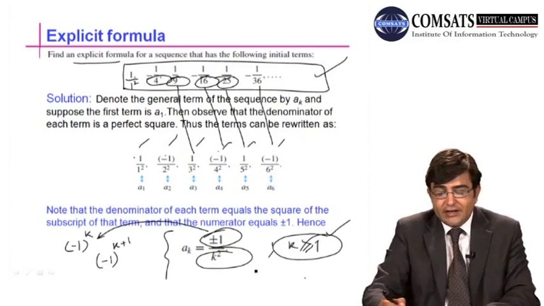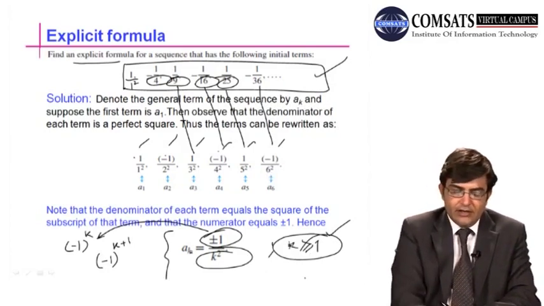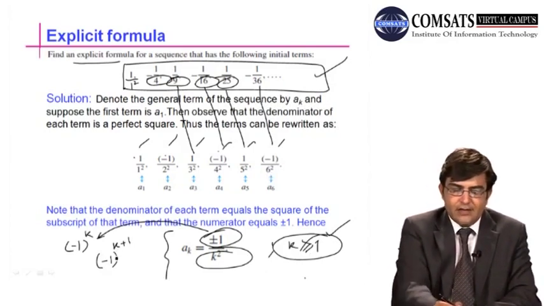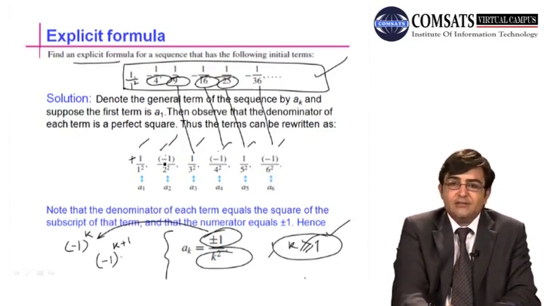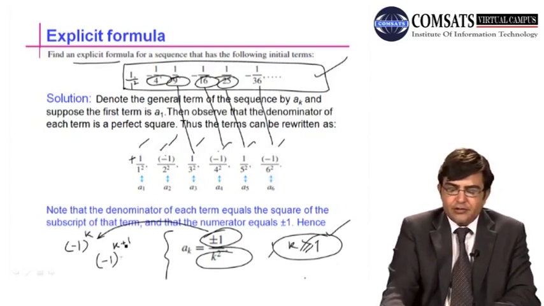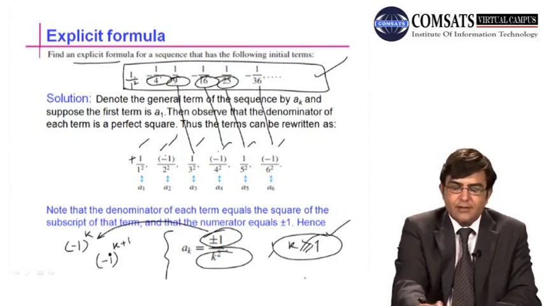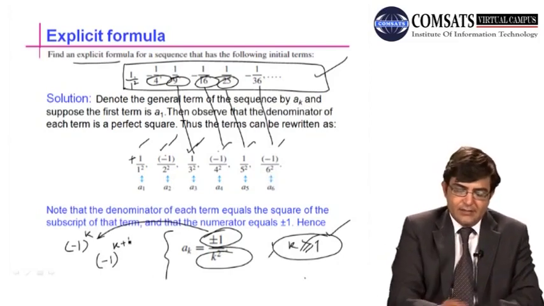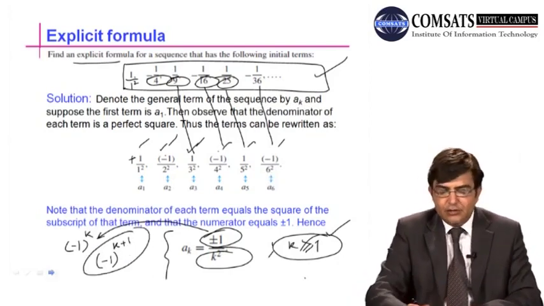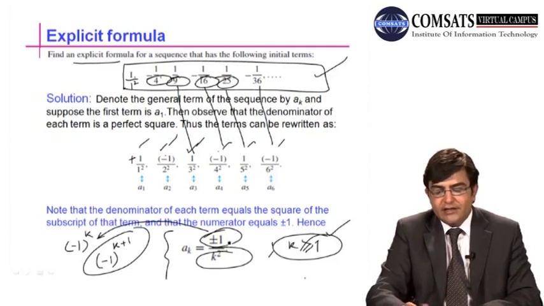Now we check it. If we put 1 here, we get minus 1 power 2, which is plus 1. If we put 2, we get minus 1 power 3, which is minus 1. If we put 3, we get power 4, and we get plus 1. So now we have succeeded completely in writing the numerator term. We have already written the denominator term.